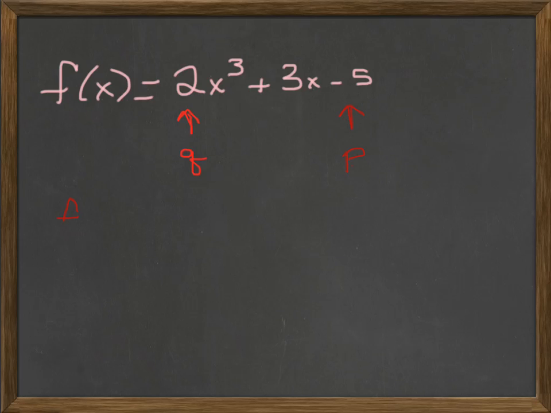The rational root theorem says that if we take the factors of p and divide them by the factors of q, we get all possible rational roots. Remember, p comes from the value of the constant, and q comes from the value of the leading coefficient.